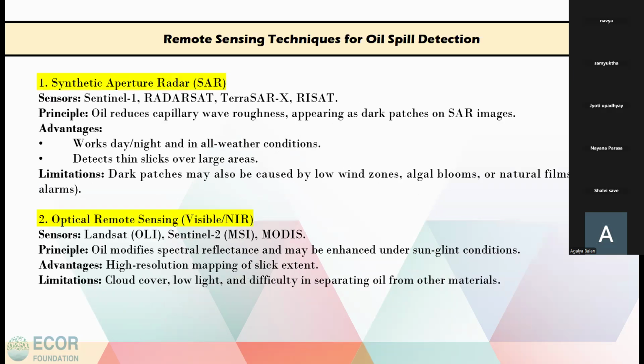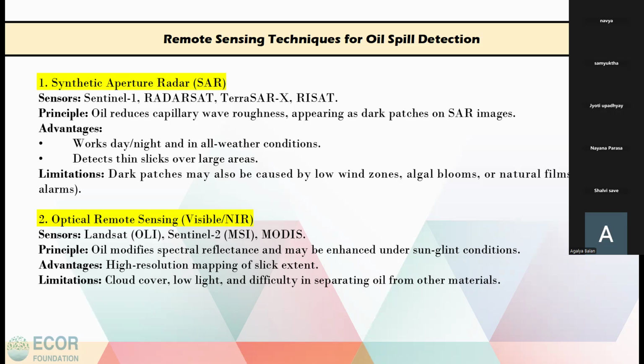So it is a very important thing for making policies over oil spills. And remote sensing plays an important role, covering the whole synoptic and holistic approach for any kind of policy regulations, etc.